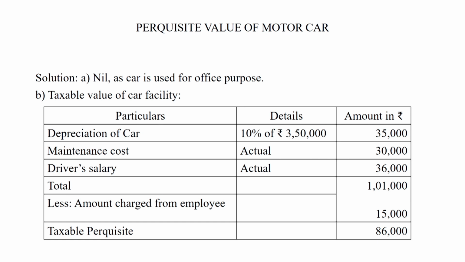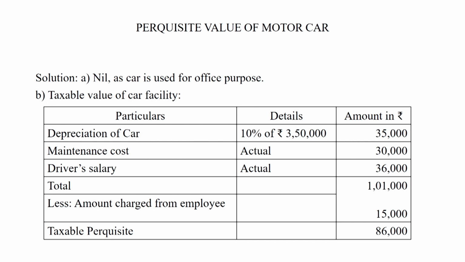So in this case, 10% of the value of the car. The value of the car is 3,50,000, and 10% of 3,50,000 is 35,000. Maintenance cost 30,000. Driver salary 3,000 per month, so for 12 months it is 36,000.